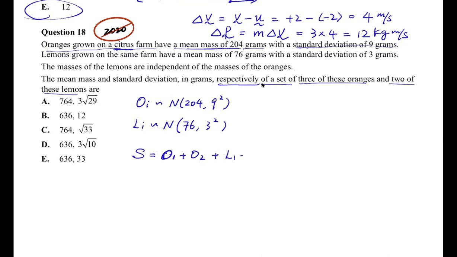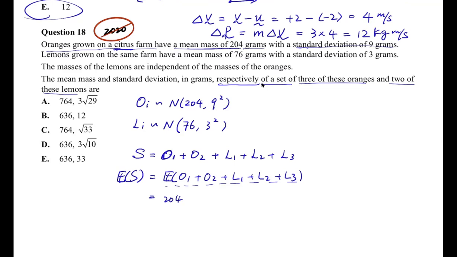If you are given a linear relation, that's another story. So the expected value of S will be the expected value of O1 plus O2 plus L1 plus L2 plus L3. So you can just sum the individual mean values up.